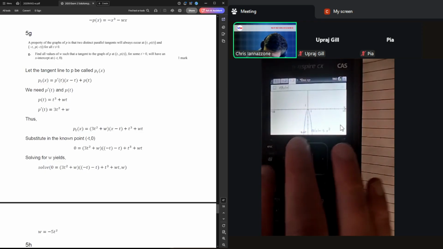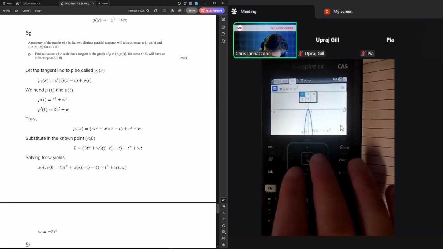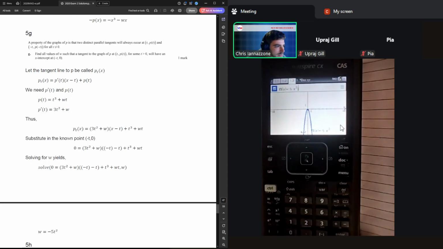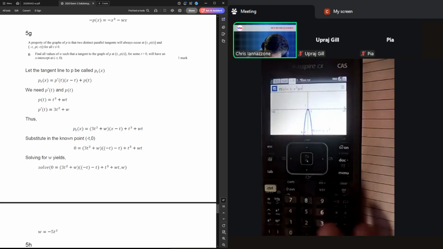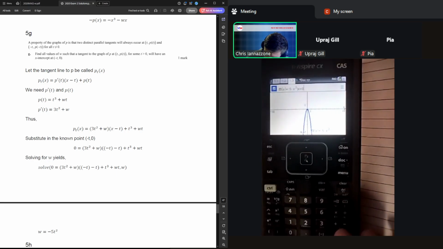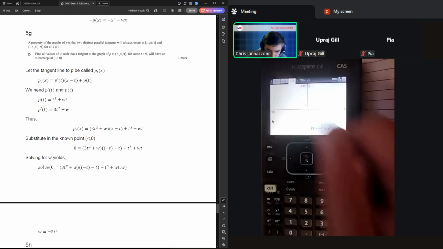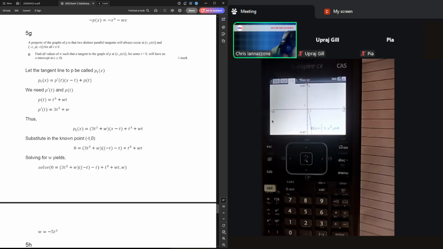Now, one thing we've got to highlight is that it does say t has to be greater than 0, so we're going to do x greater than 0 here. And just looking at the graph, it shoots all the way down. We have a range of 0 to infinity on that one, exclusive of the 0, because we're excluding t equals 0.